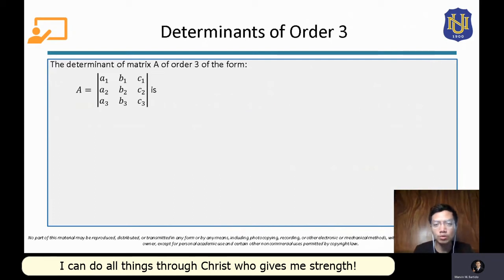Now let's proceed to solving determinants of order 3. Matrices of order 3 are matrices that are 3 by 3 in size.